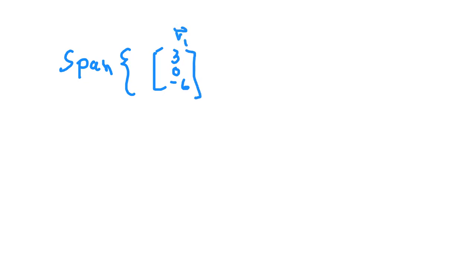Okay, so let's think about now span. This is relating to example 5 in the book. Span of 3, 0, negative 6. That's V1. And negative 4, 1, 7. That's V2. The span of the first 2 vectors, can it be all of R3?